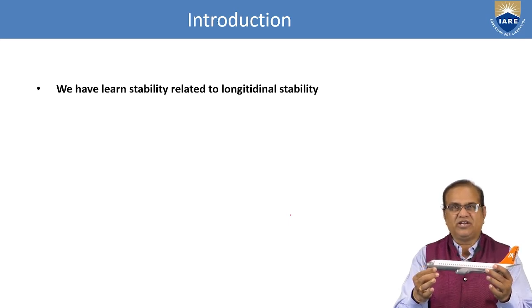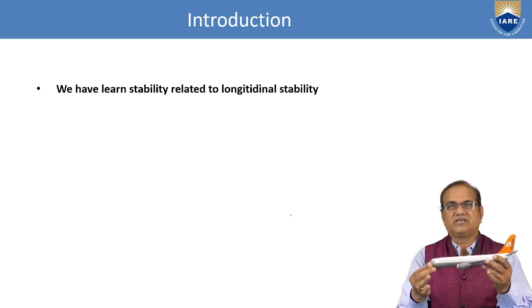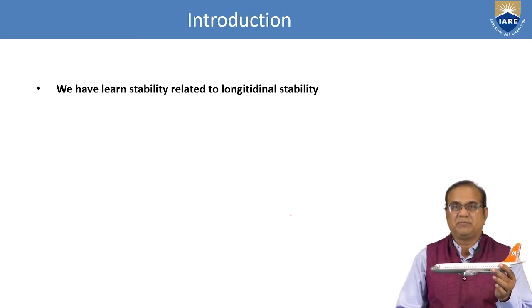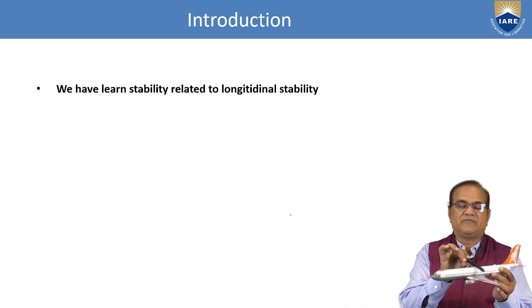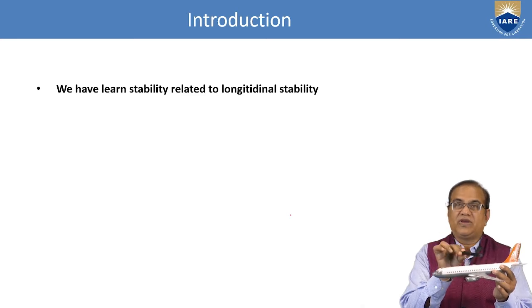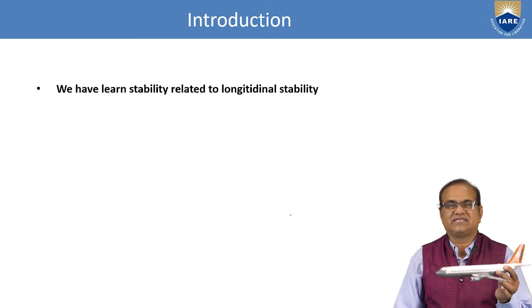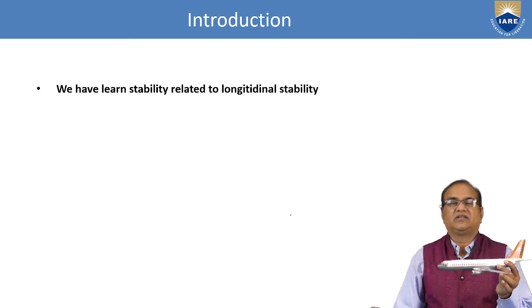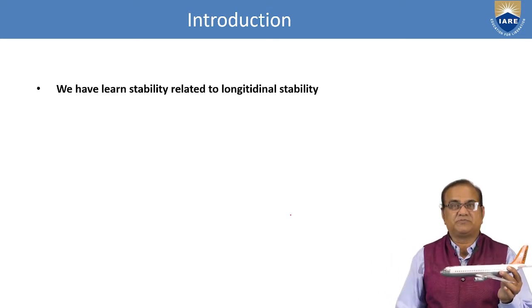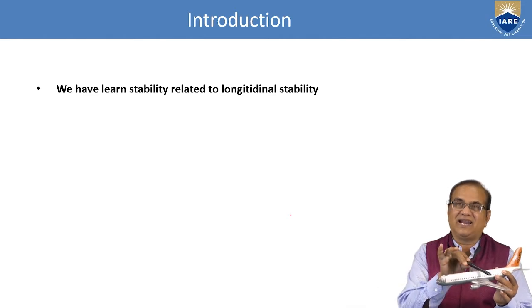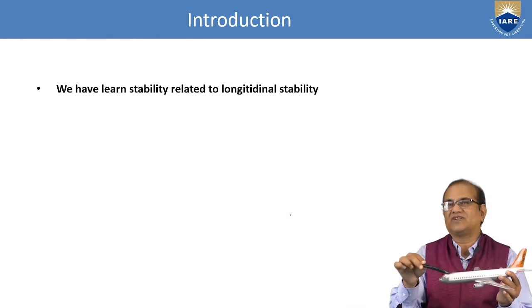When I talk about longitudinal motion, the nose going up or down is called pitching, and this pitching happens with respect to the lateral axis. So we have to understand that in the longitudinal case, the pitching will happen about the lateral axis, not the longitudinal axis.